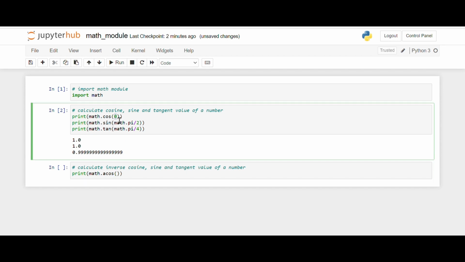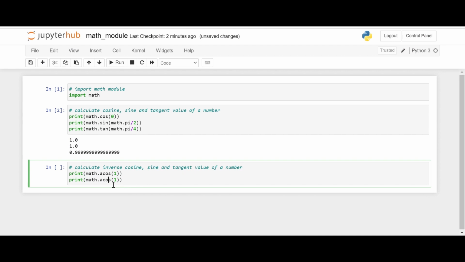So for 0 we got 1. So now if I provide 1 here, we also have to repeat this for sine, also we got 1 here.